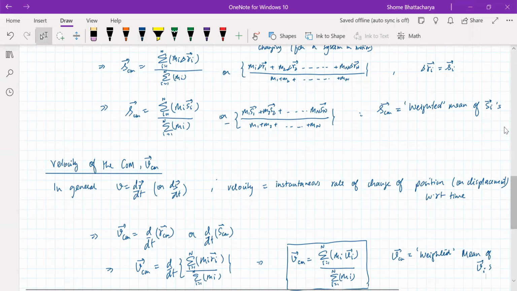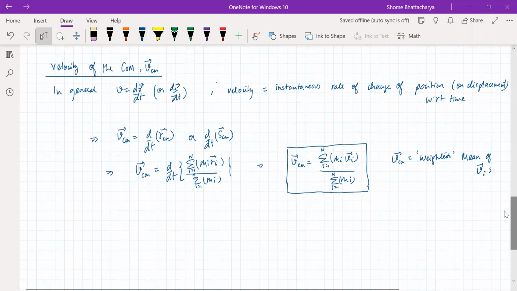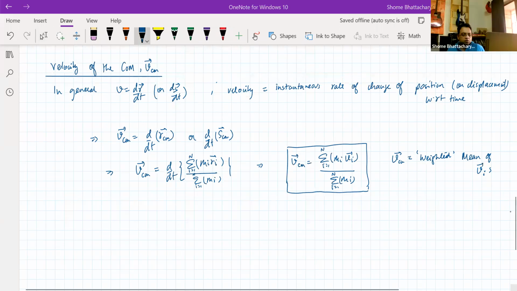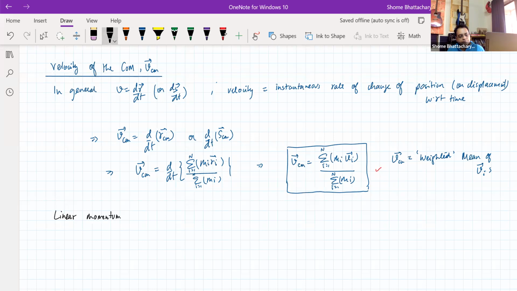Okay, now before we move on to examples and also about acceleration of center of mass, from this definition of velocity of center of mass, we also get the definition about momentum of a system, how we define the momentum of a system. Linear momentum of a system of particles.